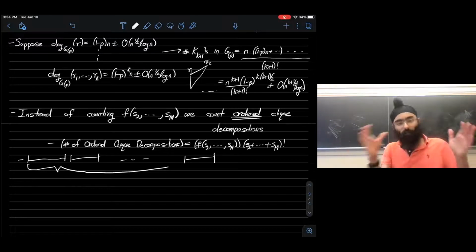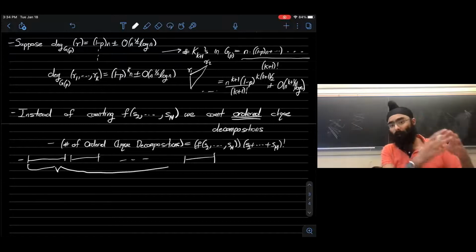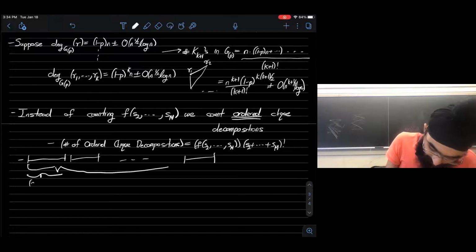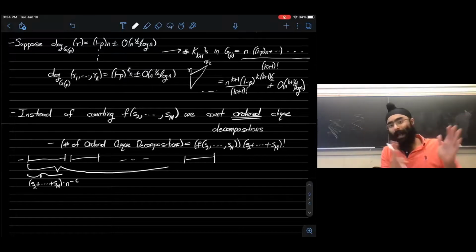So in total, there are s2 + ... + sm cliques. Let's divide them into chunks where each chunk has (s2 + ... + sm) times n^(-c) cliques, so like n^1.99 cliques roughly.